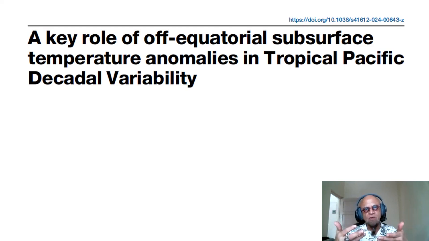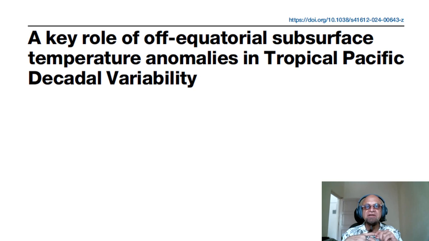issue has been whether the mean circulation brings temperature anomalies, in which case you have to wonder how they will survive this long journey. We talked about salinity compensated temperature anomalies, spiciness anomalies, which theoretically can survive, and they have to take a convoluted route because the ITCZ in the northern hemisphere is a potential vorticity barrier, so you have to go around it and you have to come through the western boundary region and so on.